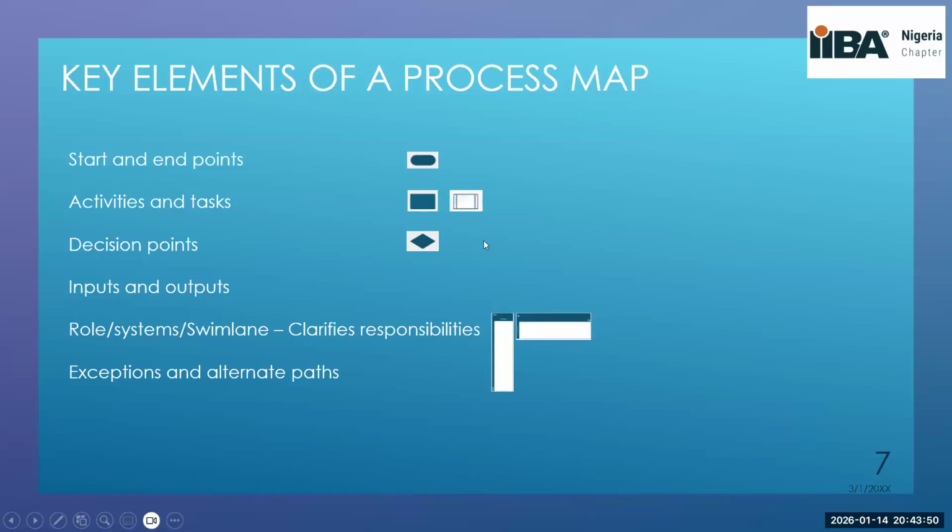We have the input and output, and we have the roles, or we can call them swim lanes. In process mapping, we call it a swim lane. Swim lanes clarify the different responsibilities, the different roles, or the different participants involved in the processes. Now, we have vertical swim lanes and horizontal swim lanes.